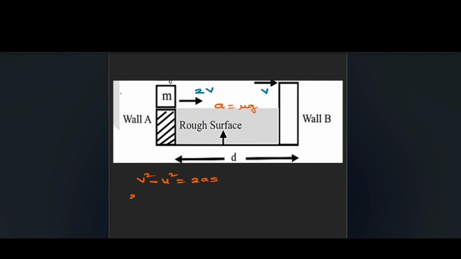With what velocity is it projected? It is projected with 2v, but it is reaching the wall with velocity v. So v square minus (2v) square is equal to minus 2 mu g, and the distance traveled is d. Finally you will get 3v square is equal to 2 mu g d.